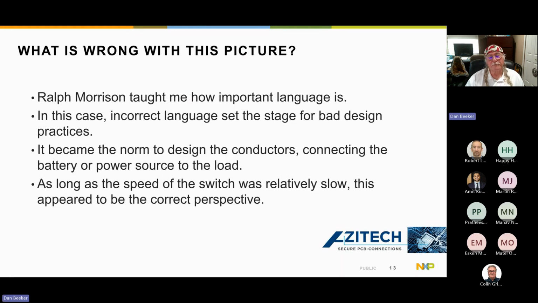So Ralph spent a lot of time with me on language. And whenever I would say the wrong word in the wrong context, it would mean a half hour to an hour lecture on how that was the wrong thing to say and what the right thing to say was.